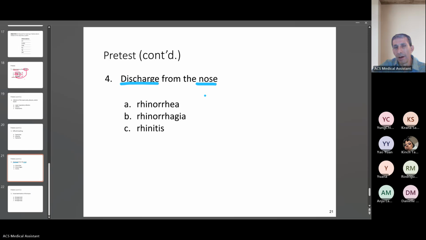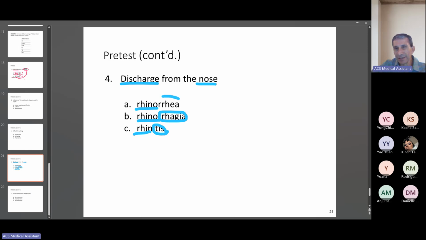nose. All of them have nose. Rhino, rhino, rhino. This is inflammation, itis. This is liquid. Discharge, remember, is mostly like blood. Think about hemorrhage.